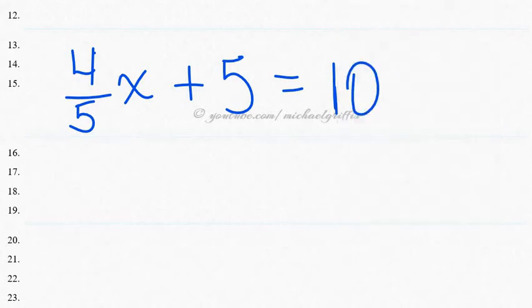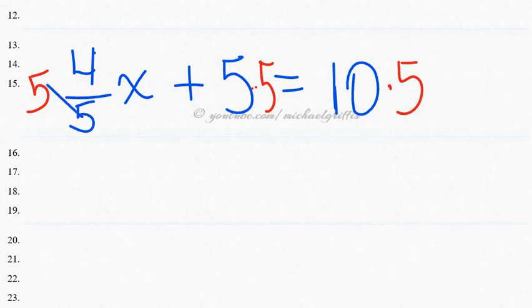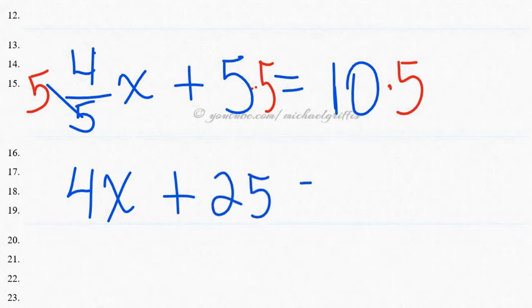I multiply 5 all the way across the equation. This way, these 5's cancel out, and we're left with 4x plus 5 times 5, which is 25, is equal to 50.